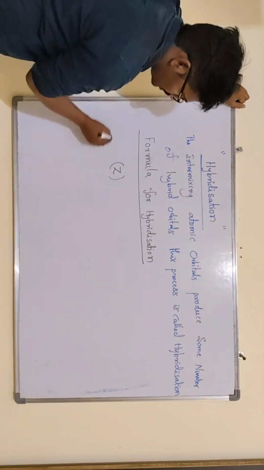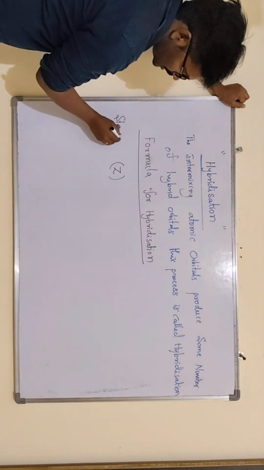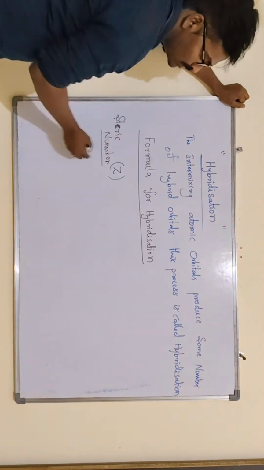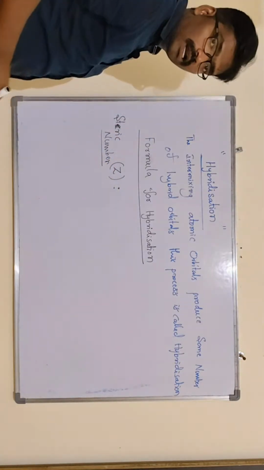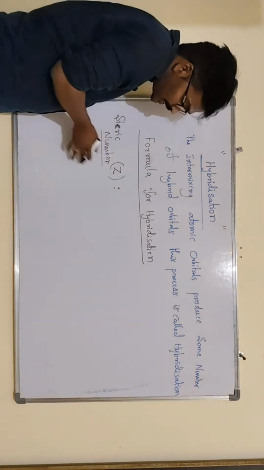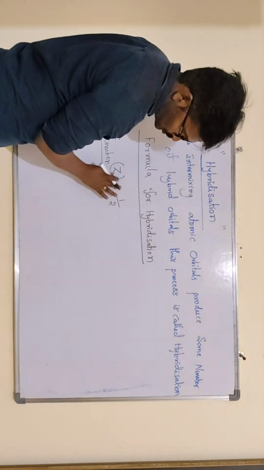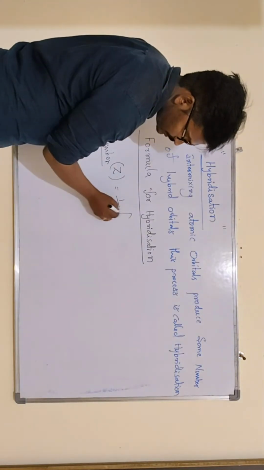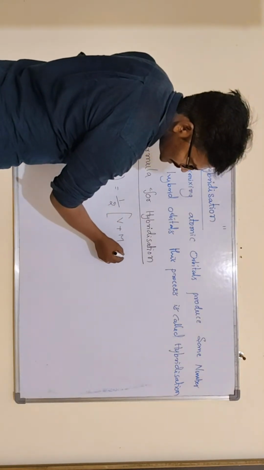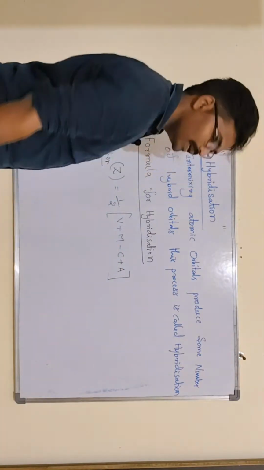Z equals 1/2 times (V plus M minus C plus A).